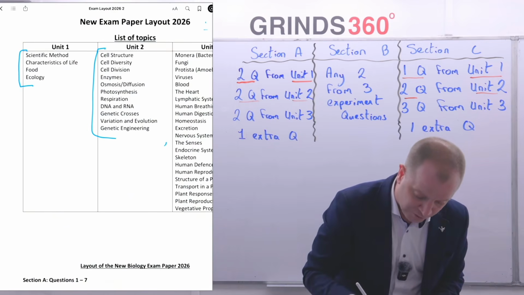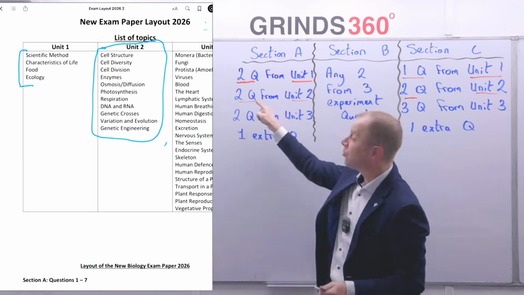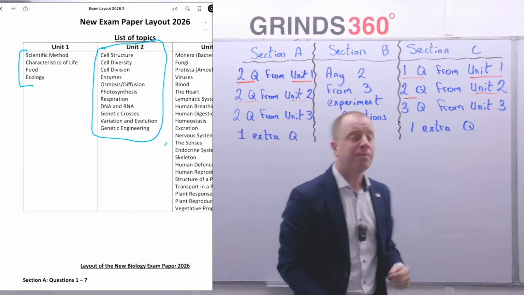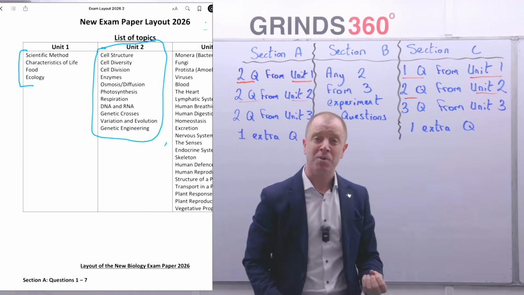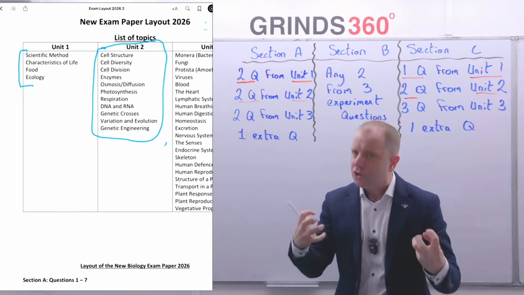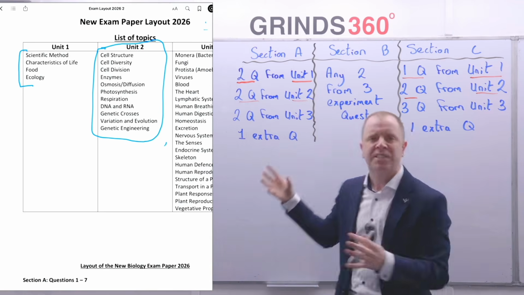I've just circled Unit 2 there. So 2 short questions from Unit 2 in section A, and 2 long questions from Unit 2 in section C of your paper. Now that's usually the worst case scenario. There's a good chance it's going to be worth even more than that. But that's generally what we stick by there.